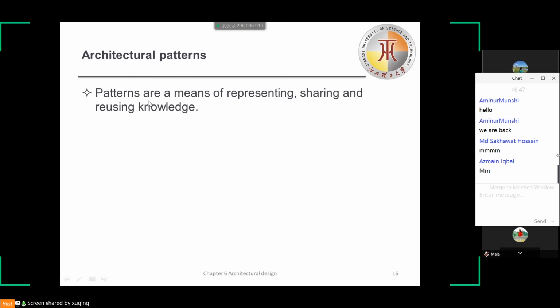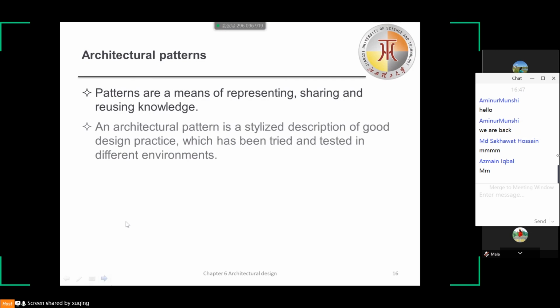Here is the definition of patterns. An architectural pattern is a stylized description of good design practice which has been tried and tested in different environments.